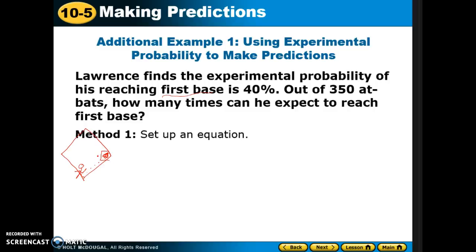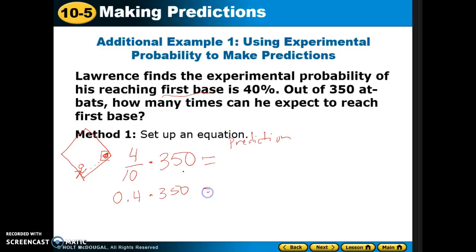So the first thing you want to do is set up a little equation. And the equation is going to be percentage, 4 out of 10 is 40%, right? Times 350. So 40% times 350 is going to give us our prediction. Now we can set it up that way, or we can write 40% as 0.4 times 350.